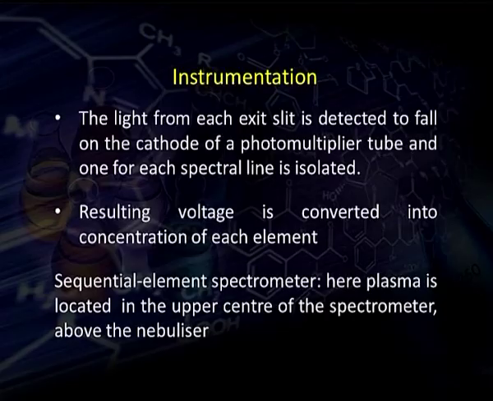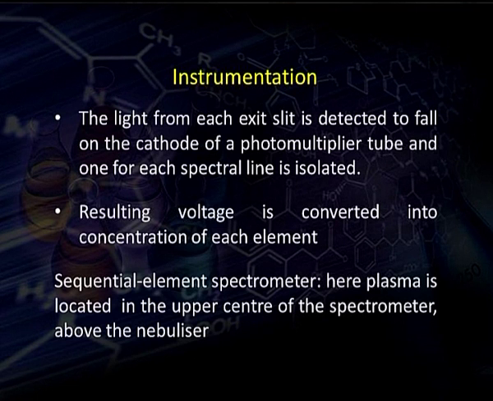The component wavelength reaches a series of exit slits which isolate the selected emission lines for specific elements. The light from each slit is detected to fall on the cathode of a photomultiplier tube, one for each spectral line isolated. The resulting voltage is converted into concentration of the elements.